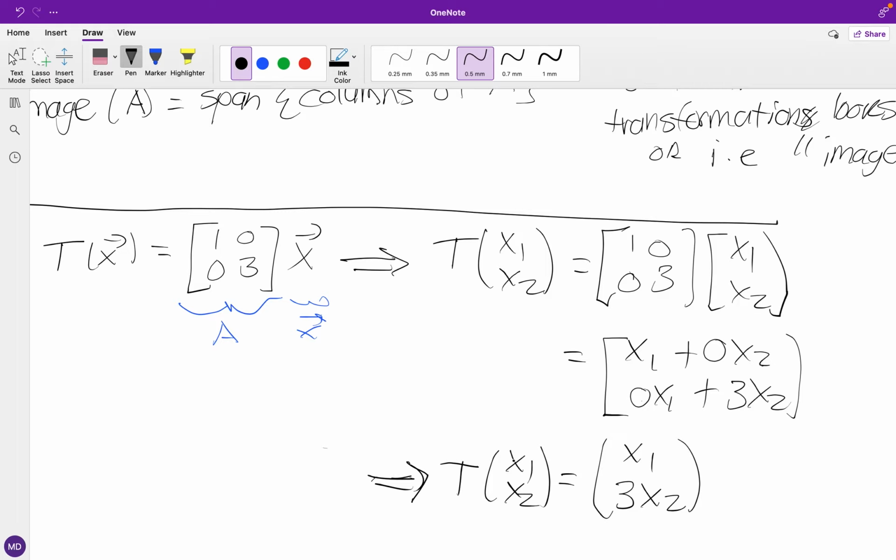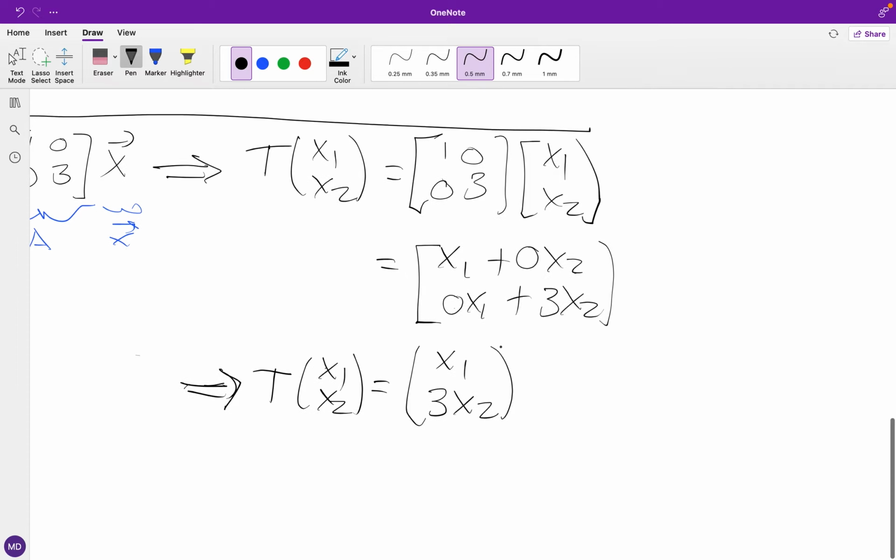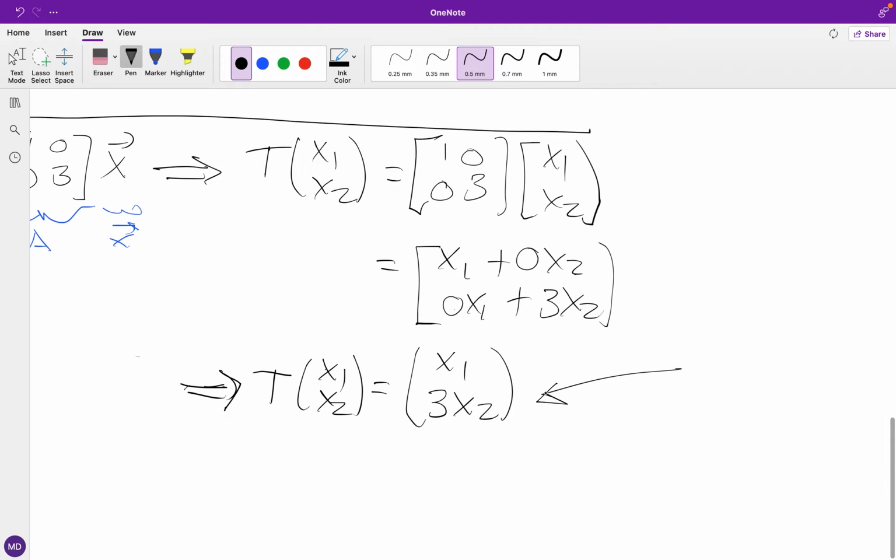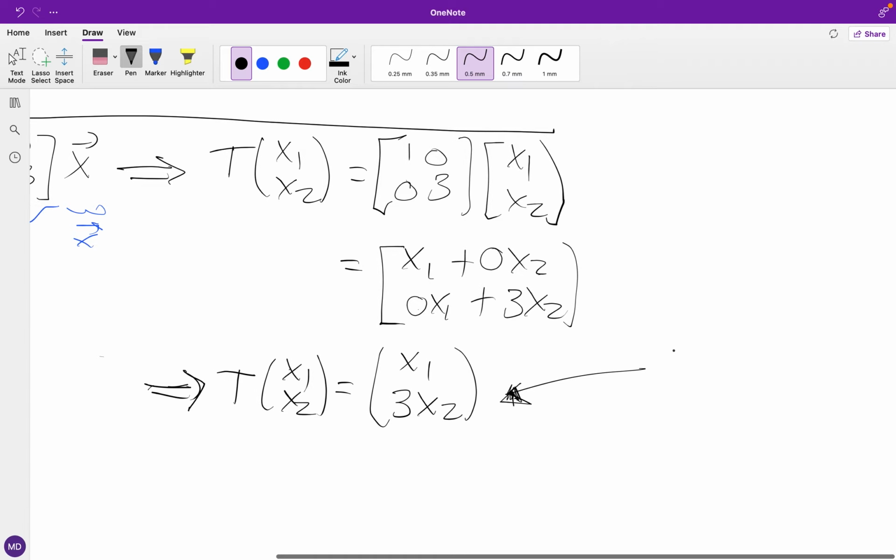Let's look at what happens to the x-coordinate. The x-coordinate stays the same. x1 stays as x1. But x2, our y-coordinate, gets multiplied by 3. There are lots of transformations, remember, reflections, rotations, projections. This transformation here is a dilation or expansion, whatever you want to call it, by 3 in x2.